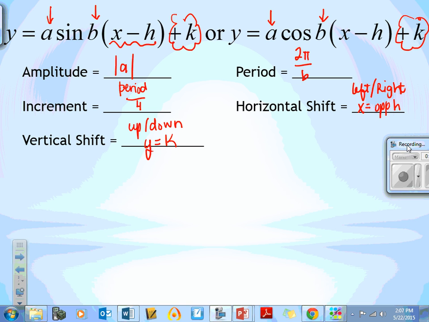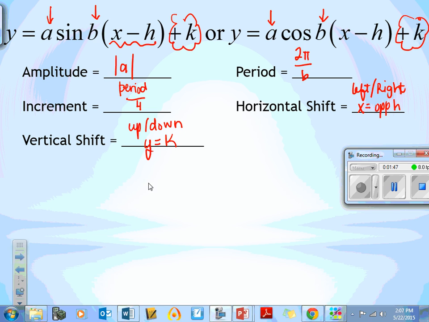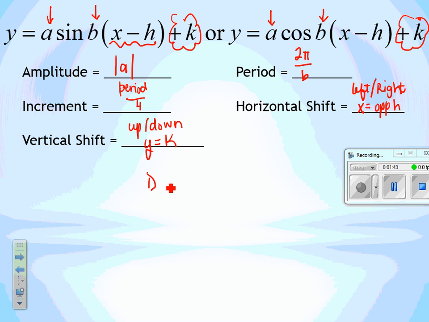Now remember, when you are graphing this, the first thing you're going to do is graph your midline. Your midline comes from what? Yes, the vertical shift. From the midline, you can do the amplitude.